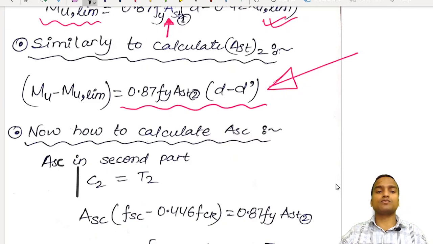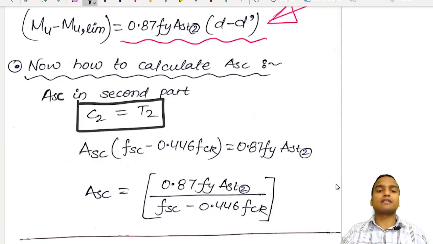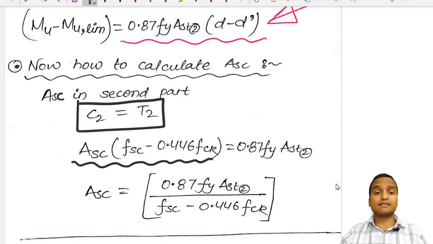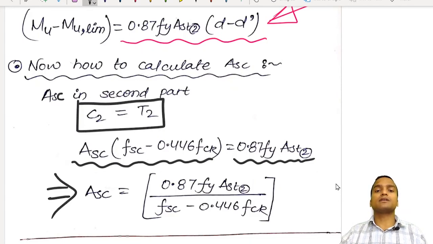So we just have to use the equilibrium equation in the second figure where C2 is equal to T2, and the value of C2 is equal to Asc multiplied by fsc minus 0.446 fck, and the value of T2 is equal to 0.87 fy Ast2. So we have equated both the compressive and tensile forces in figure 2 only, and from here we can easily calculate the area of steel reinforcement in compressive zone.